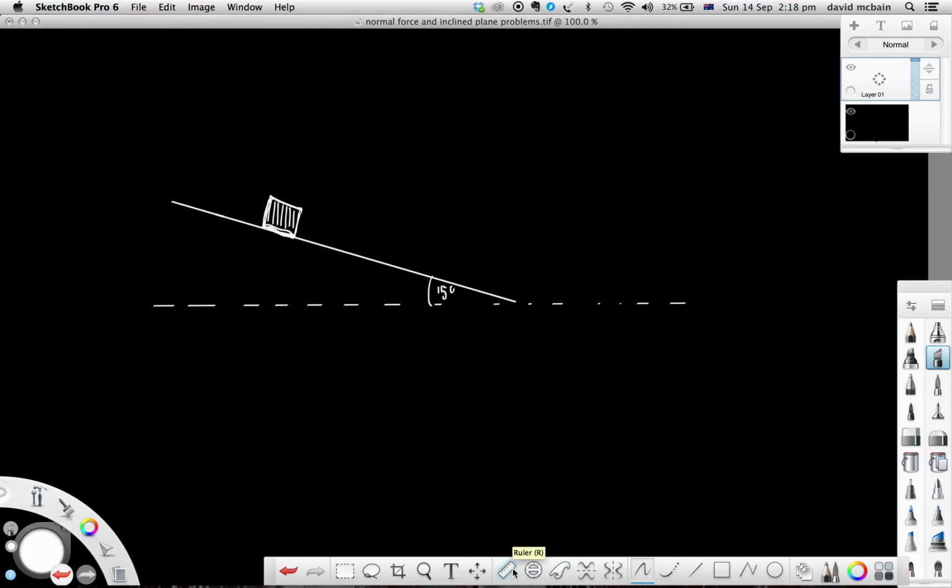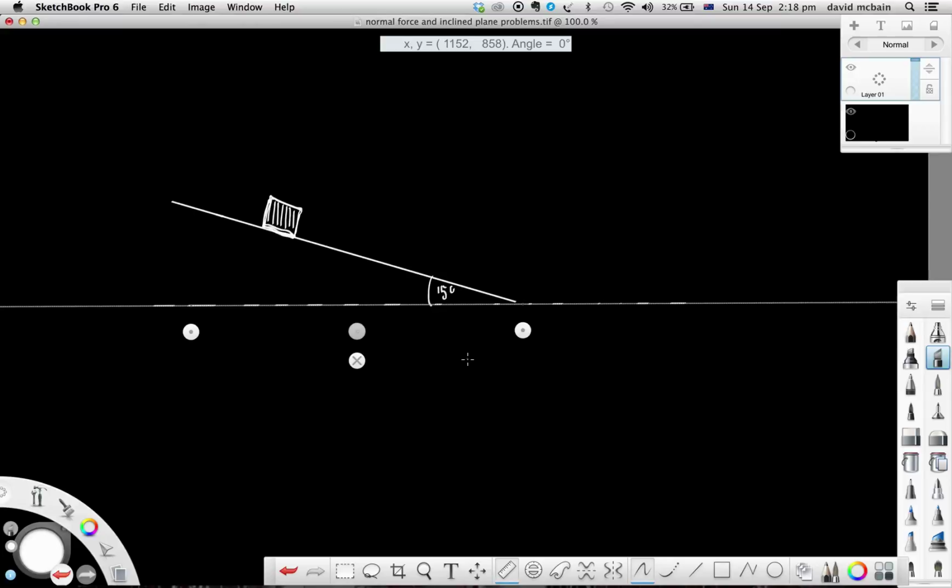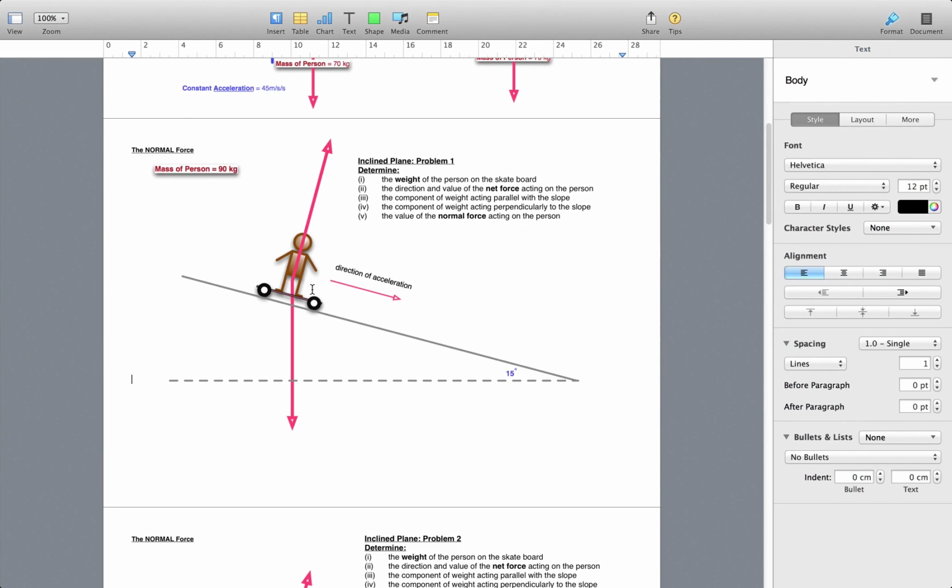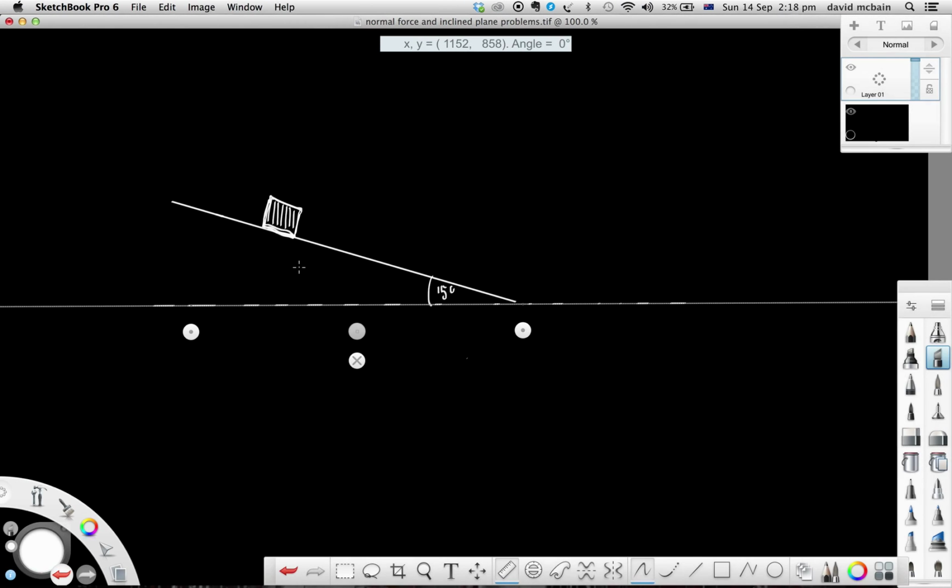Well, this person, what they're doing, if we have another look, they're simply rolling down the hill and accelerating down the hill. There's no motor, there's no rope holding them back up, there's no friction acting here, so they're just rolling down the slope, and there are the two forces acting. The normal, which is at right angles to the ramp, and the weight force, which is straight down. So let's put those in.